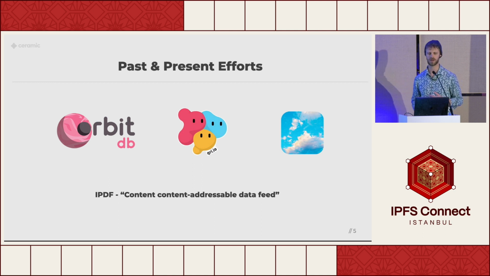There was an effort called IPDF, which was also trying to build a very generalized version of a data feed. But none of these have completely taken off, and they have different trade-offs. They don't meet all the requirements that I had when I wanted to build with some sort of mutability layer on top of IPFS.